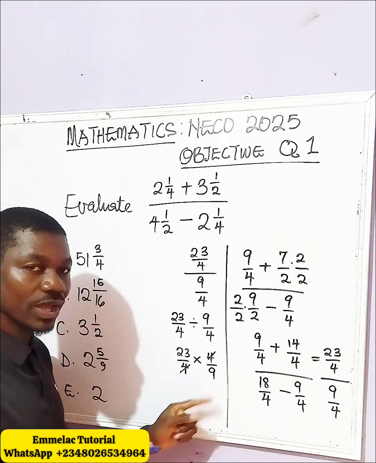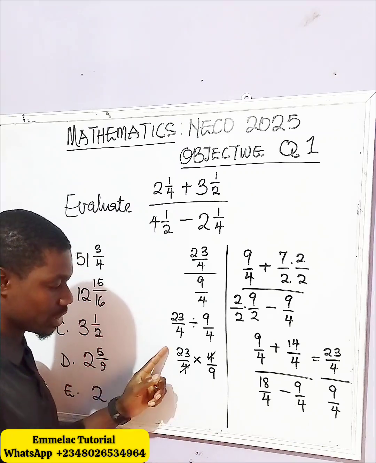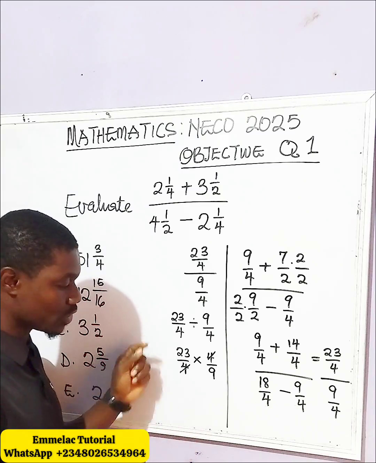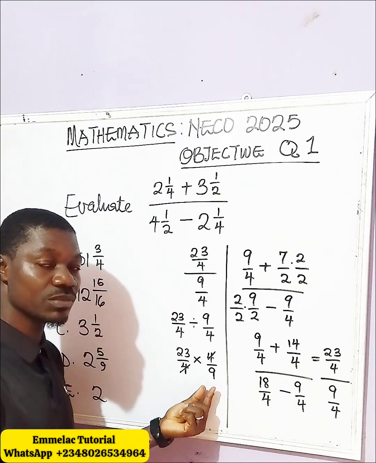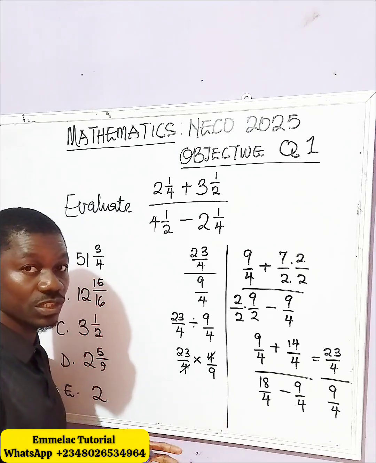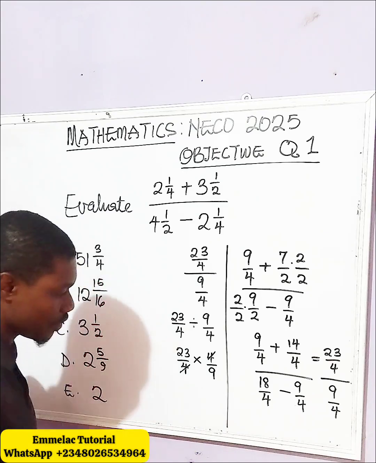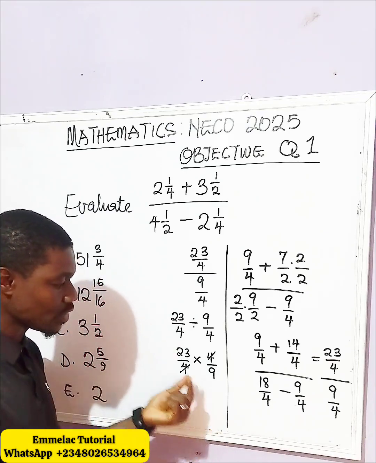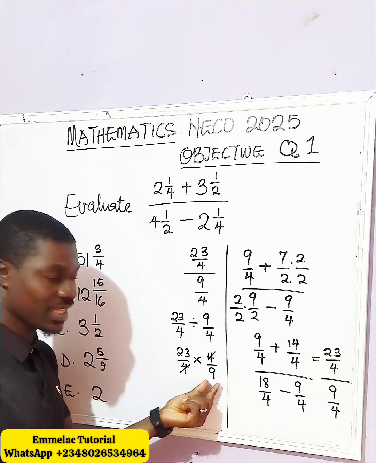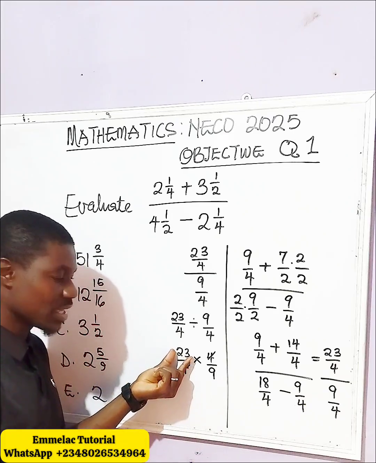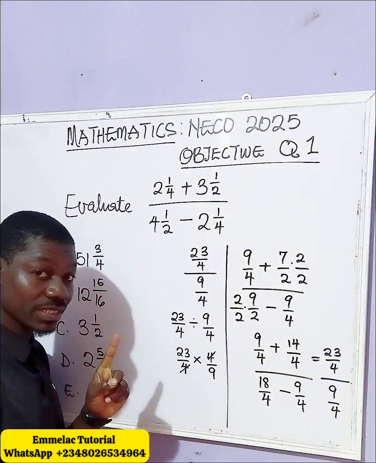23 all over 9. Now this is still an improper fraction because the numerator is greater than the denominator. So what we need to do now is to change it into a mixed fraction. The first thing we need to do is to find a multiple of 9 that you can get in 23, which is 18.